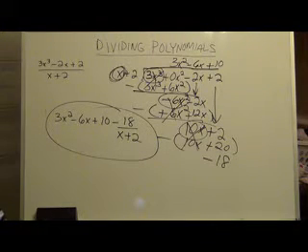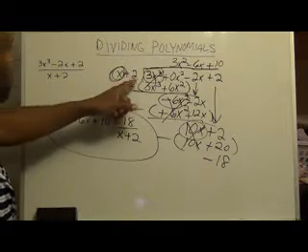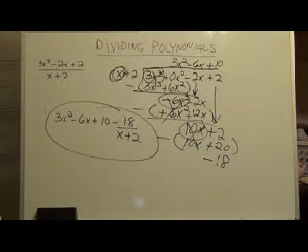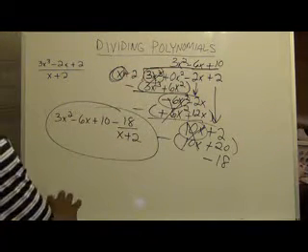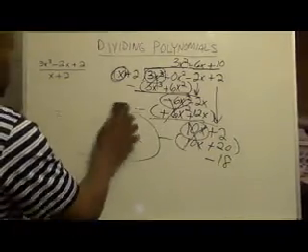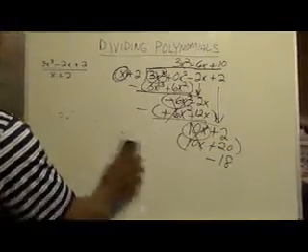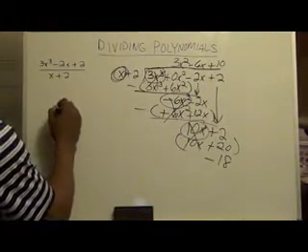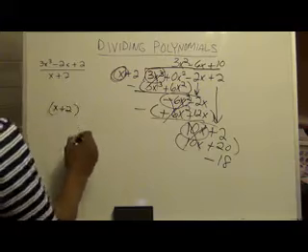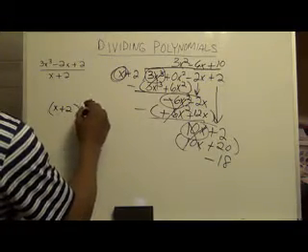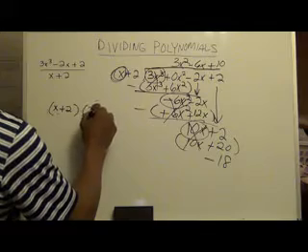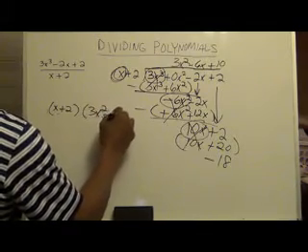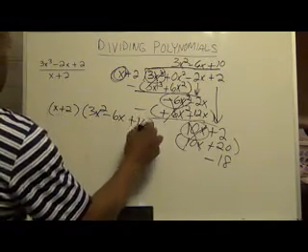So would you want to check your answer? Well, what we do is we'll take x plus 2 and multiply times that, and then we'll see what we come up with. Okay? x plus 2 times 3x squared minus 6x plus 10.